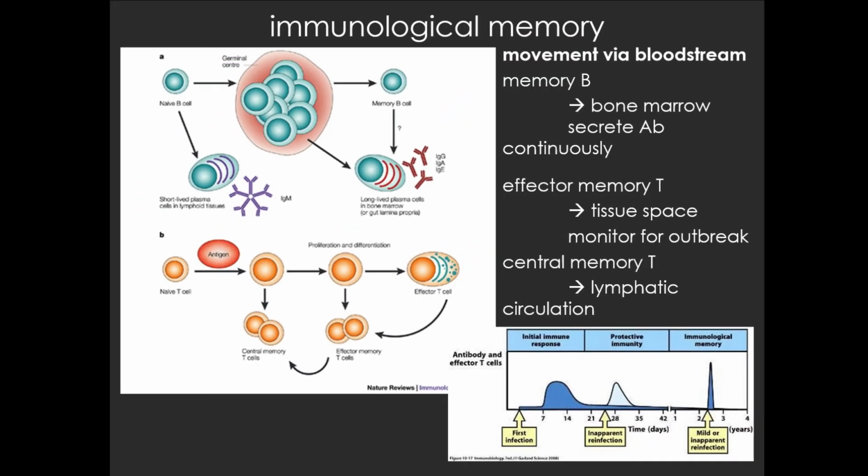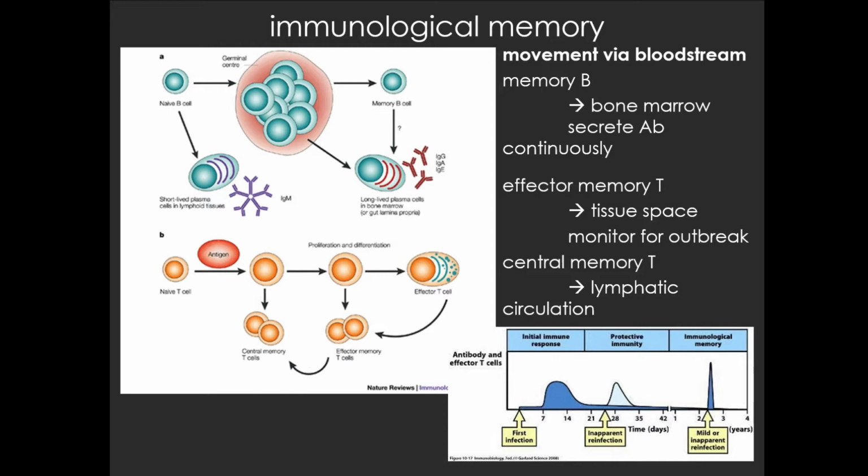So memory B cells reside in the bone marrow, and they constantly secrete a low level of IgG, primarily antibody. And so that's why IgG can be a marker of immunological memory, right? An actual record of every infection you've ever encountered and mounted an immune response to. Effector memory T cells are a type of memory T cell which actually reside in the tissue space.